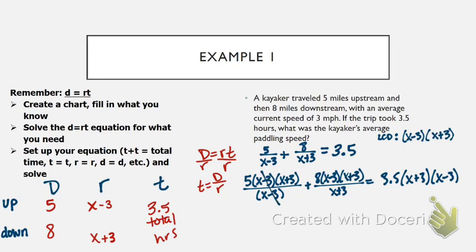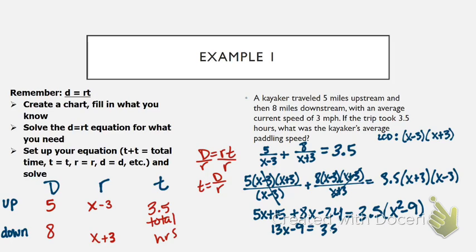So that goes away, and I get 5x plus 15 plus 8x minus 24 equals 3.5 times x squared minus 9. So here I get 13x minus 9 equals 3.5x squared.